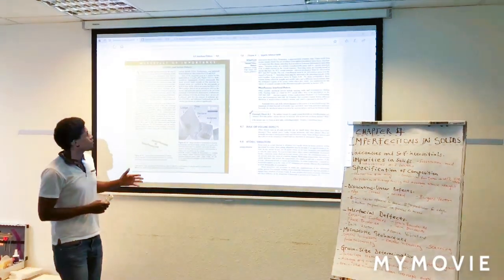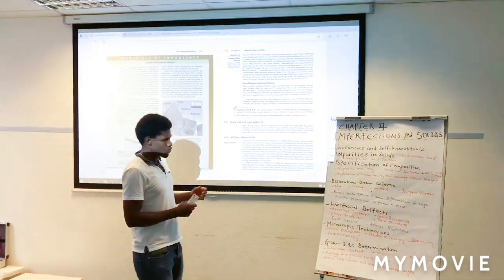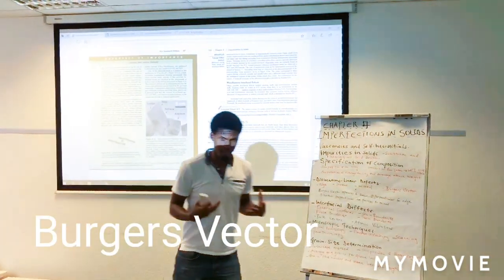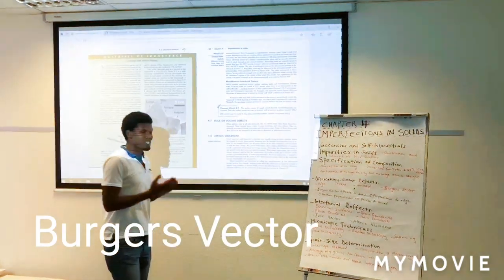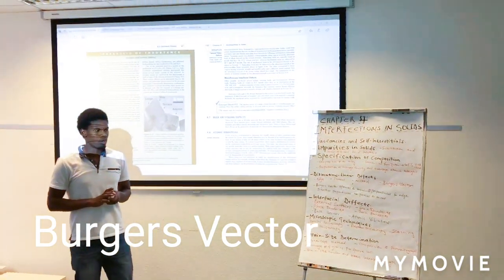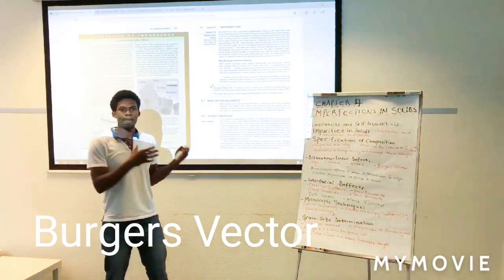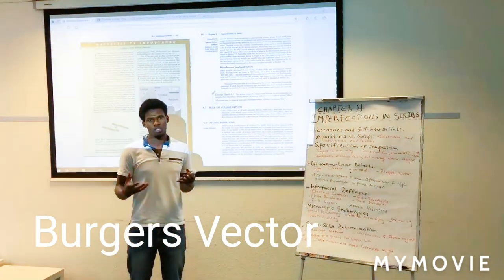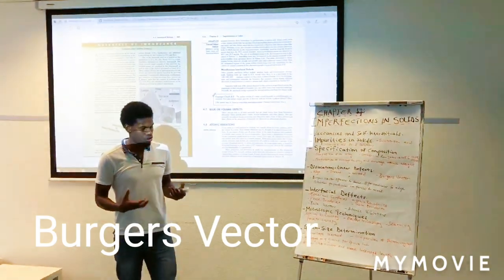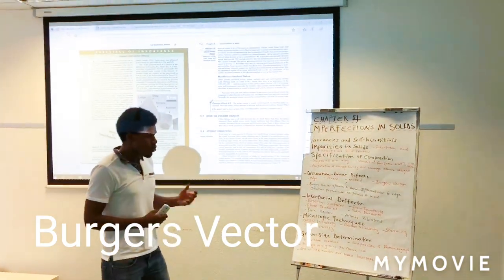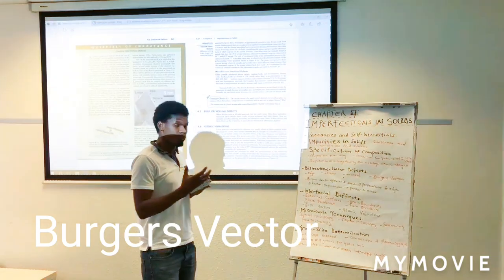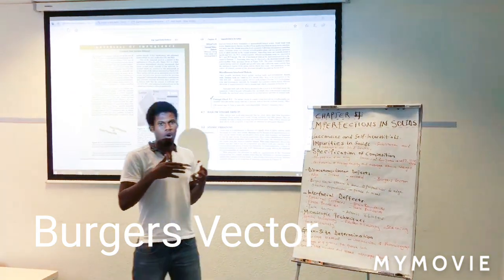For the screw dislocations, we're going to look at the Burgers vector. The Burgers vector is the direction relative to the dislocation, which we can use to determine whether this is a mixed, screw, or edge dislocation. Sometimes these can be parallel or perpendicular.